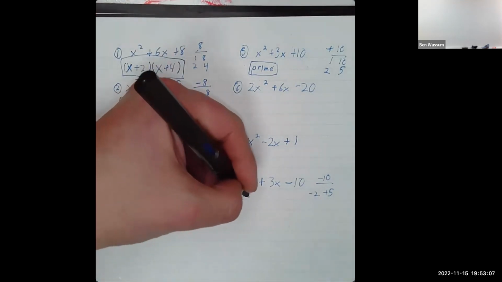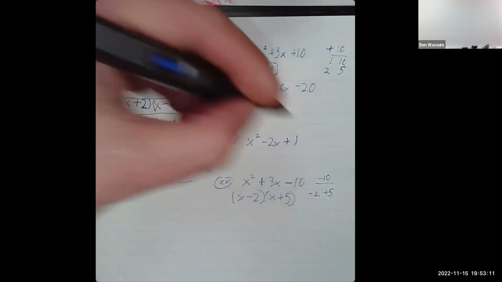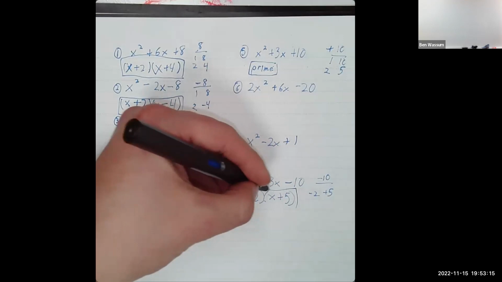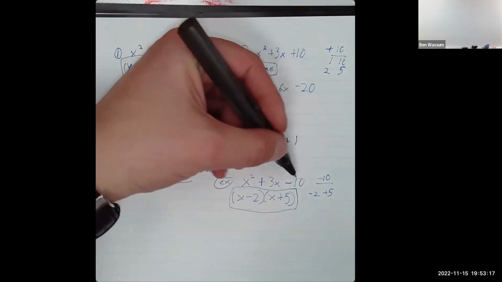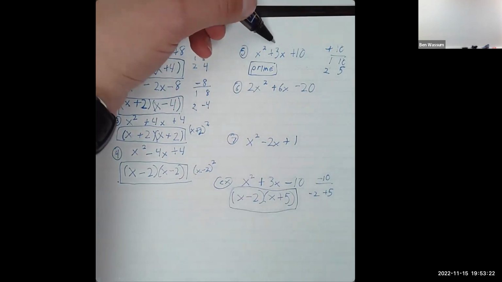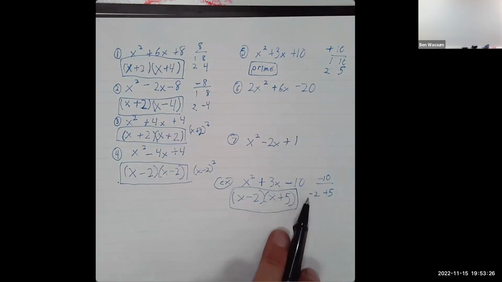So I would be able to do that in that case. But our problem was that sign. That sign wouldn't let us get to a 3 in any way, shape, or form. This sign does, because it gives us the option of a negative.